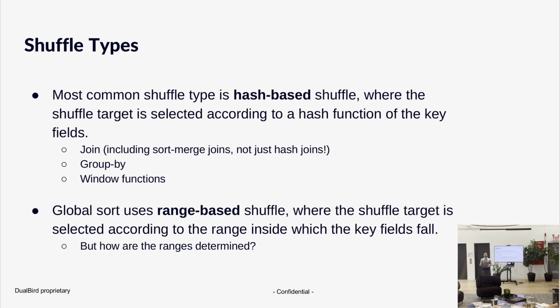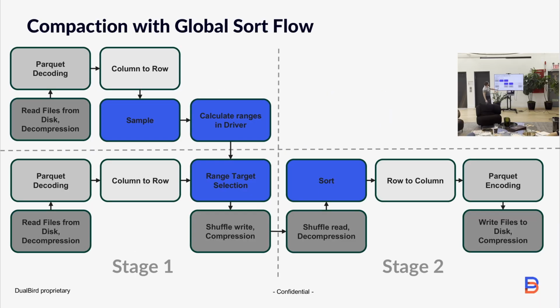So how does Spark determine what the different ranges should be? It does another job, a prerequisite of the other job, just to determine these ranges. What Spark does here is insanely inefficient. It reads the entire data, does decompression, decoding, and column to row, only to sample very few rows out of that data.